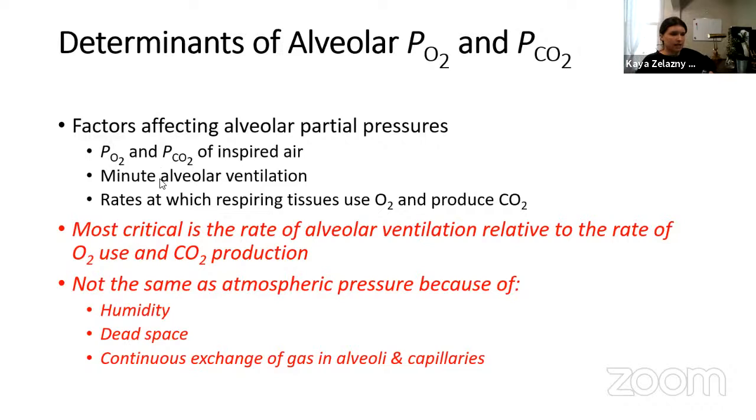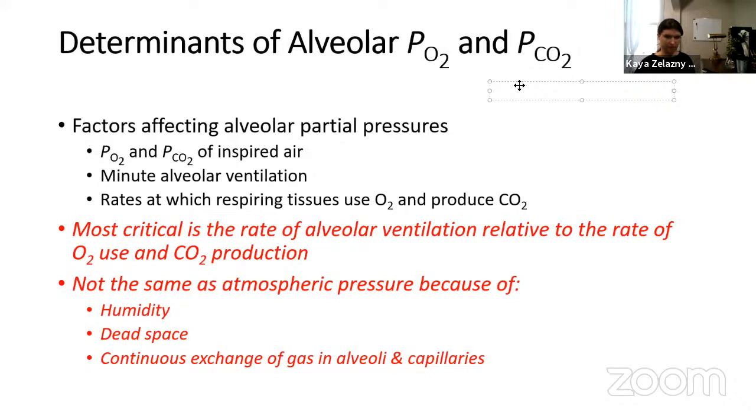Then we're going to have to take into account the minute alveolar ventilation, which we may or may not remember from Monday. When we're talking about minute ventilation, we're basically talking about how much air gets into the alveoli per minute.